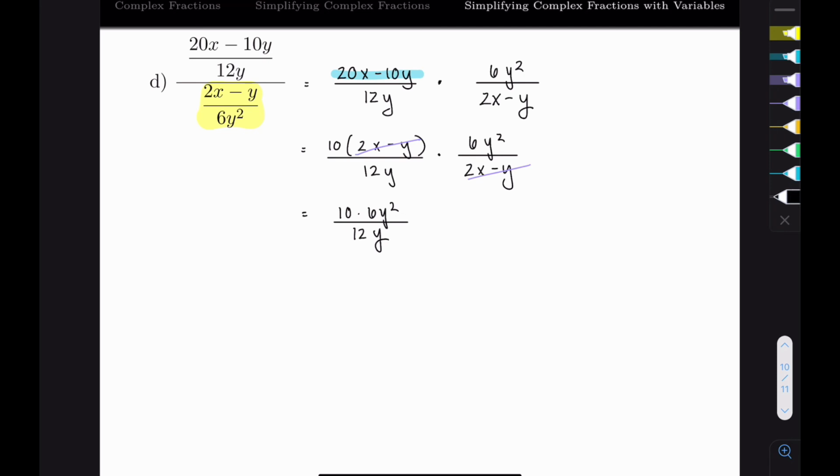This is a case that maybe multiplying these numbers will be a little bit simpler. So we have 60y squared over 12y. And then 60 divided by 12 is 5. Y squared over y cancels and leaves us with y to the first. So after starting with such a messy problem, this thing just boils down to 5y.